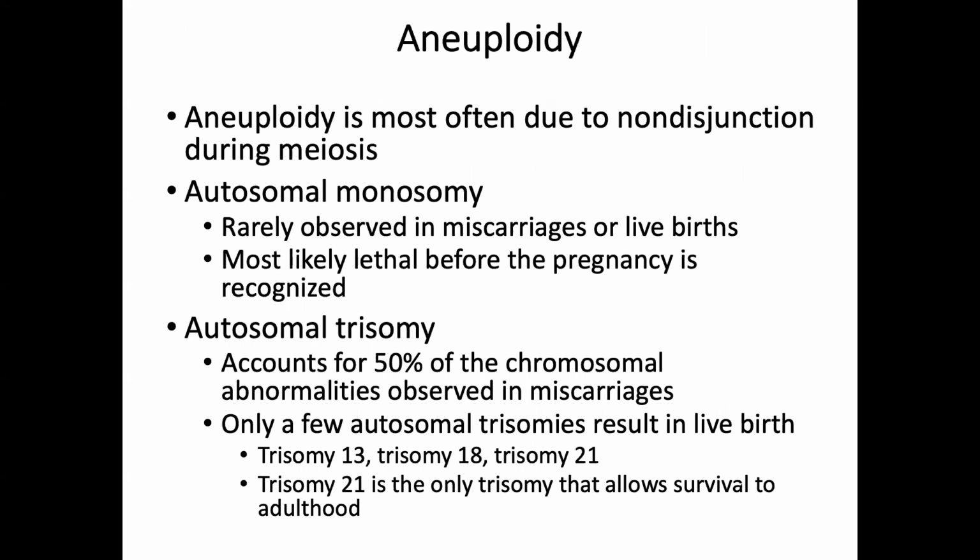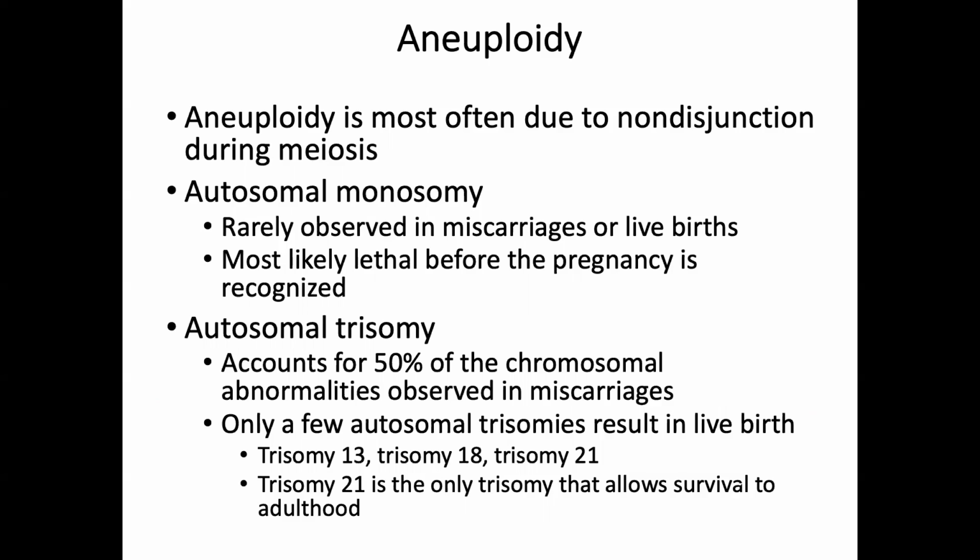Okay, one scenario is autosomal monosomy. Autosomal monosomy is rarely observed in miscarriages or live births, suggesting that this abnormality leads to embryonic lethality at a very early pregnancy stage.